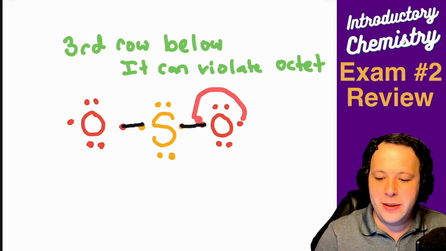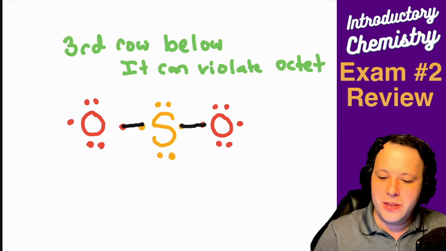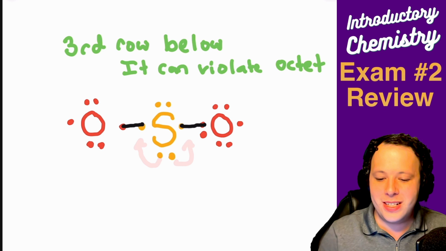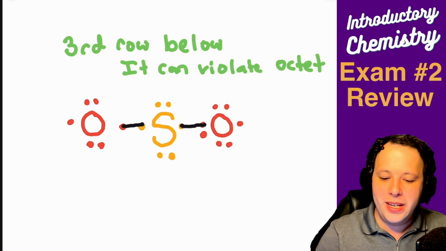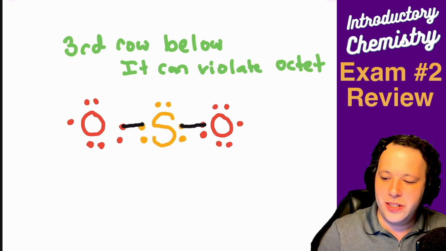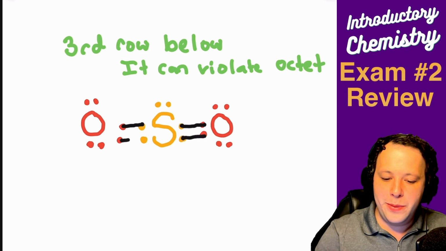Well, we are going to move it so that it becomes a double bond. We're going to split the sulfur lone pair on both sides so that it can make 2 extra bonds with oxygen on both sides. So we move these lonely electrons, therefore making double bonds.